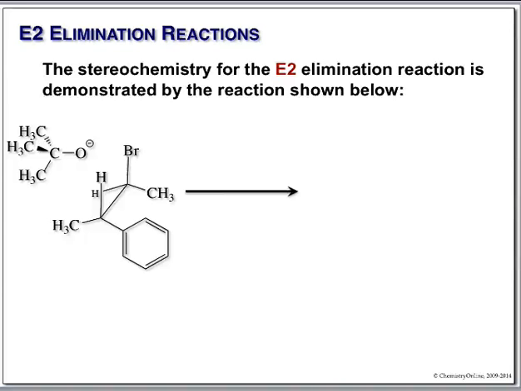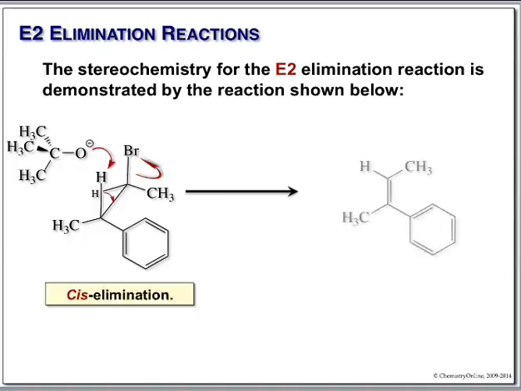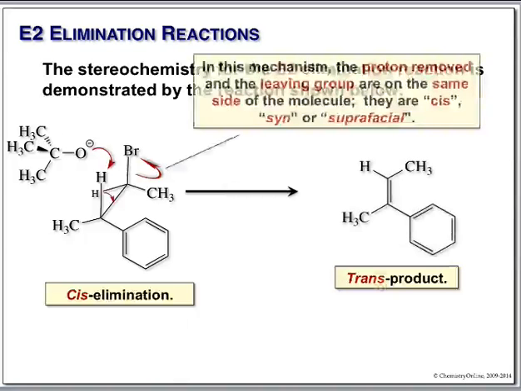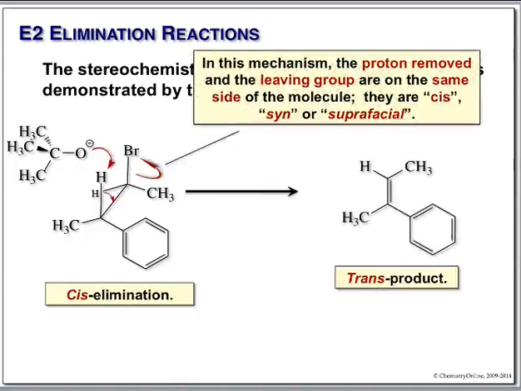But if we let the tert-butoxide pull off the hydrogen and the bromine leave, we would wind up with the trans isomer. This would be called a syn or superfacial or cis elimination. They're very, very rare, very high energy. Trans elimination is what you typically see.